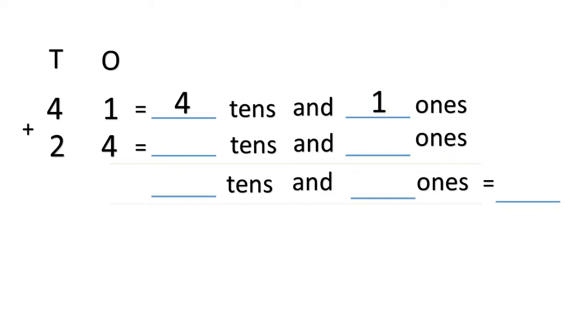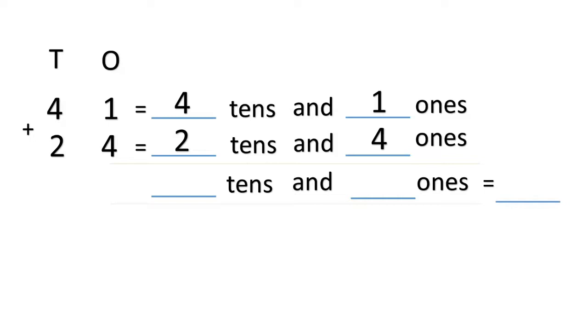Now we'll expand number 24. So which is the number that I have to write there? It is 2. You're correct. 2 tens and dash ones. So what is the number that will come there? It is 4. You're right. Now let's add this. Okay, we see the symbol plus there, so we have to add. As you all remember, from which place we have to start to add? Yes, ones place.